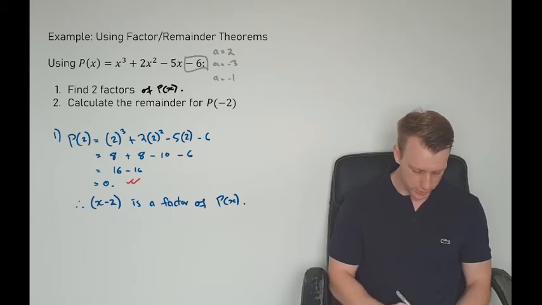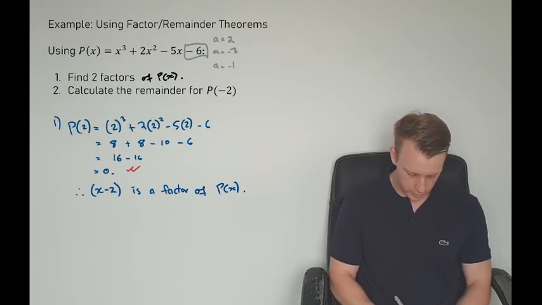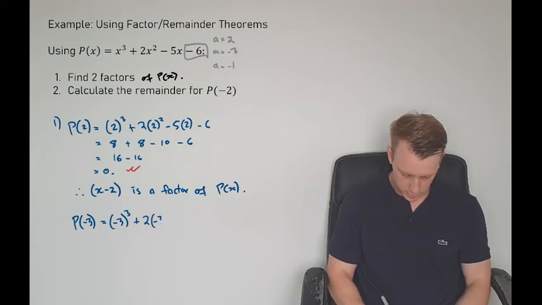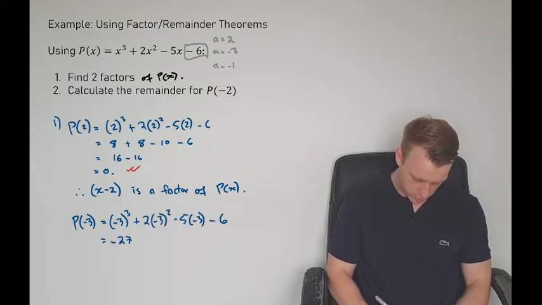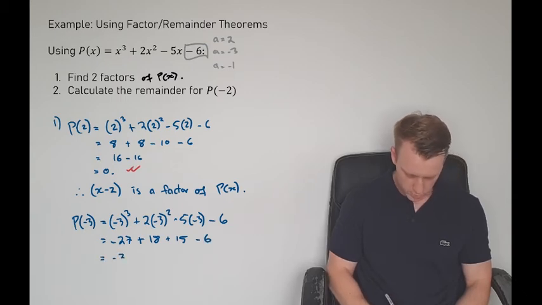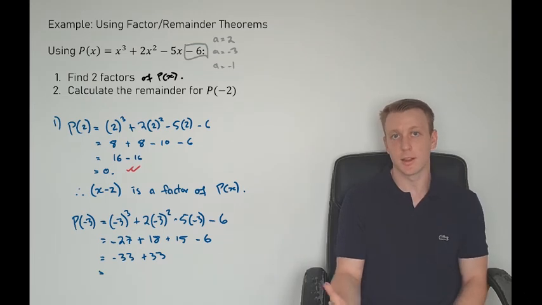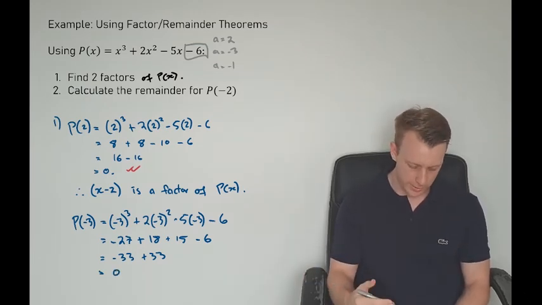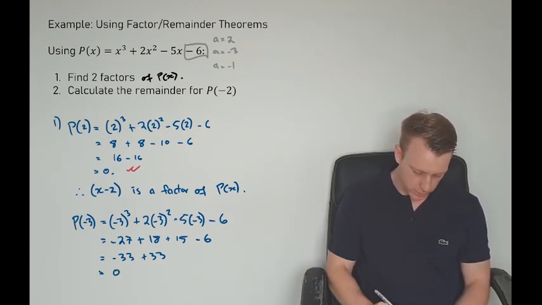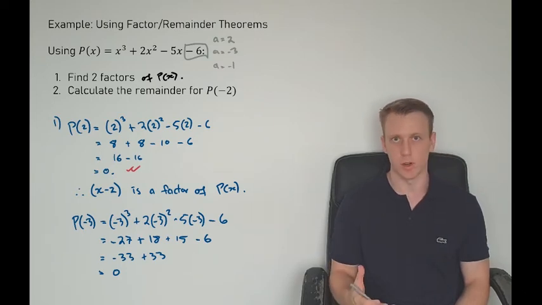So I said I was going to try P of -3. There you go. So the two values that I guessed, they were just guesses, and I got them both first go, which is very nice.